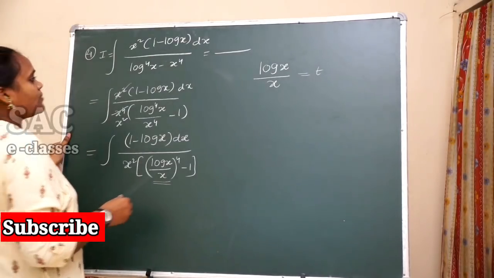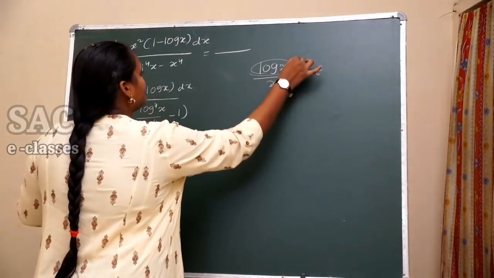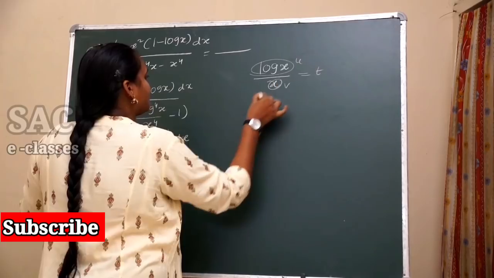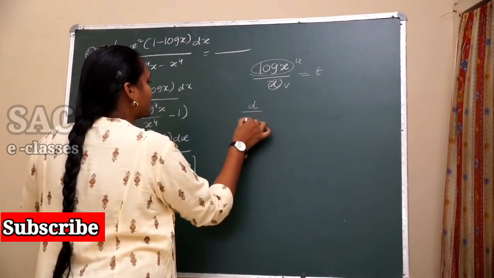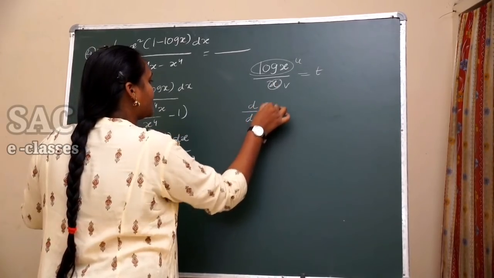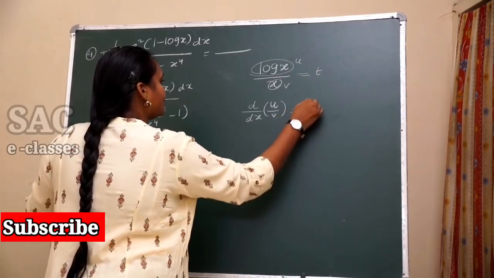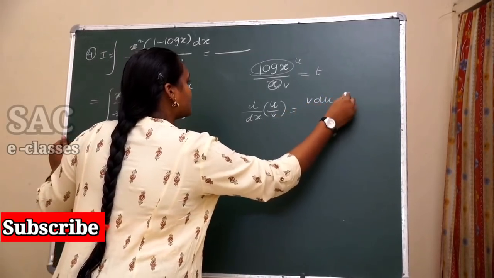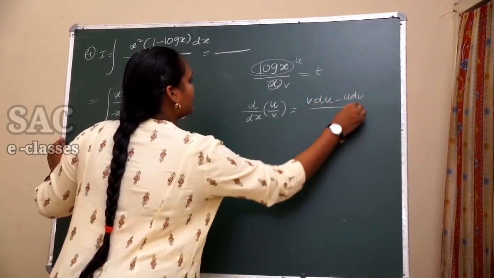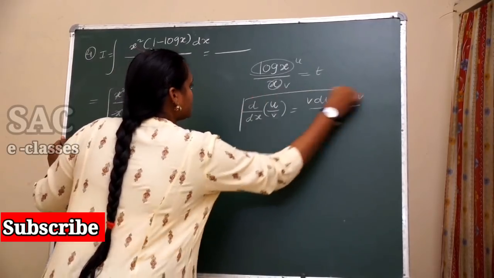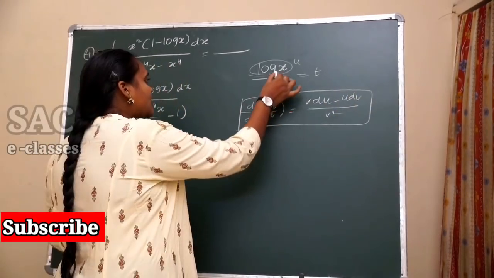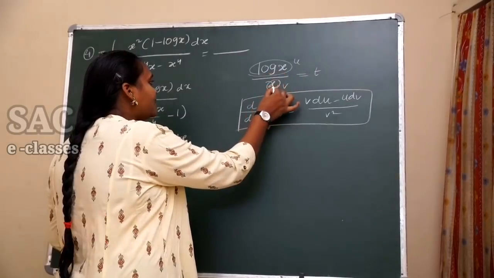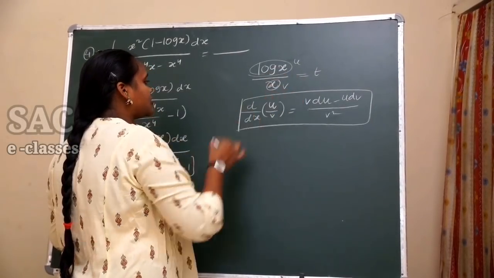Clearly it is in the form of u by v. In the previous problem itself we have discussed the differentiation of u by v is equal to v du minus u dv by v square. Now clearly the given one is in the form of u by v, nothing but a quotient rule.